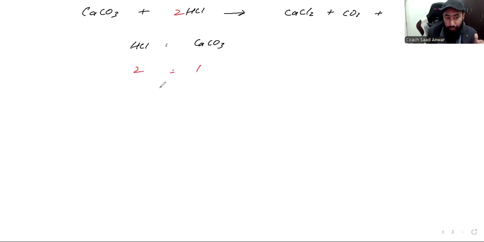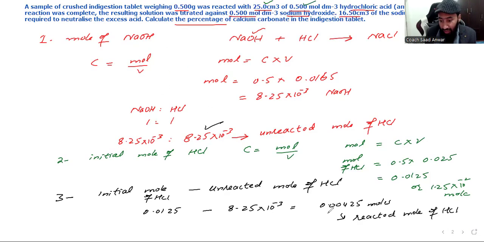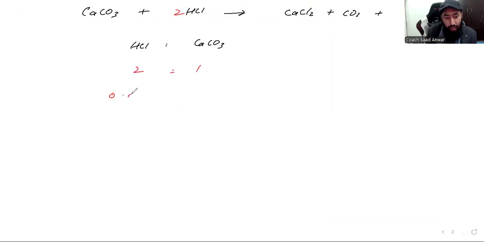This is 2:1. Reacted moles of HCl is 0.00425. So what should be the moles of calcium carbonate? Half of that, obviously. So 0.002125. Now you have the moles of calcium carbonate.